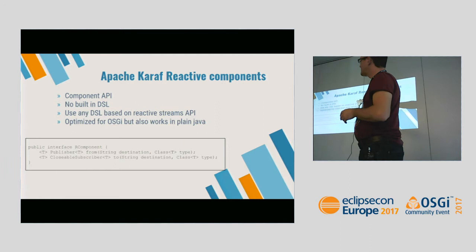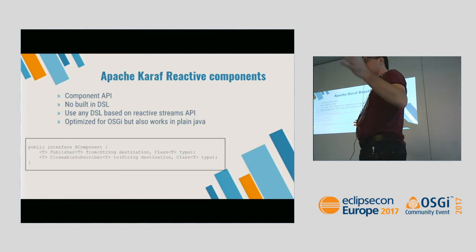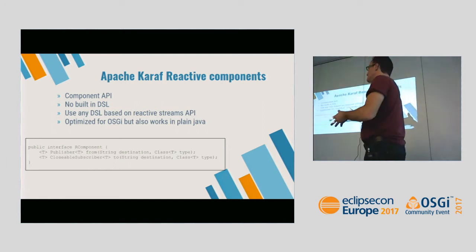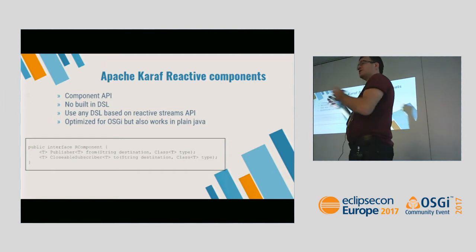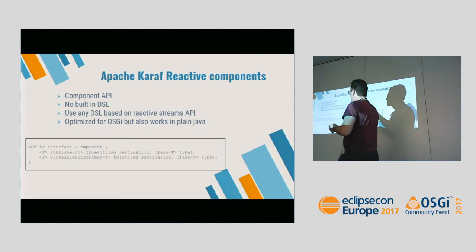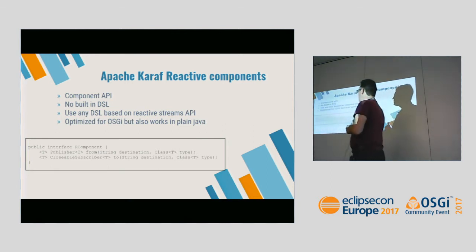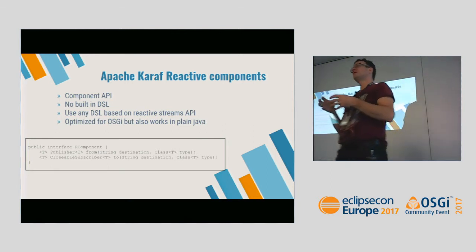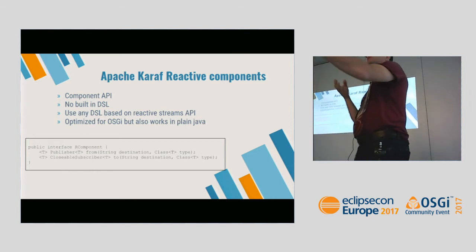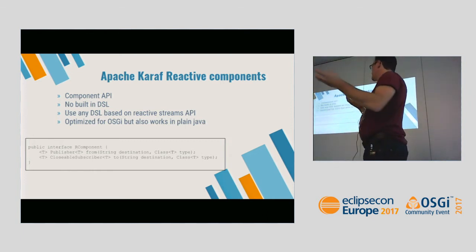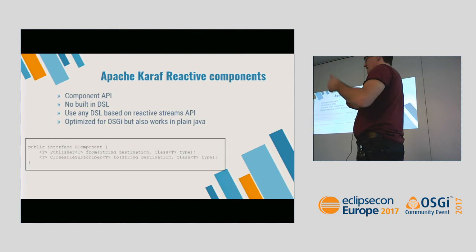But this is the same idea as Apache Camel, but reduced to the core of it, like the components. And a reactive component is just this interface. You have a method from, which means this is something that attaches maybe to some external protocol and gets events in and puts them into your DSL pipeline.